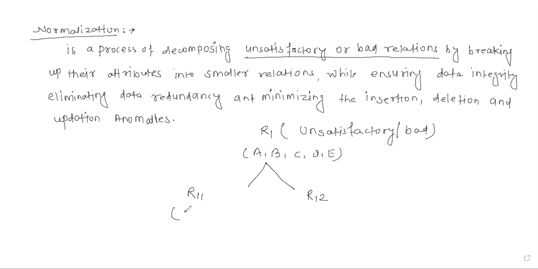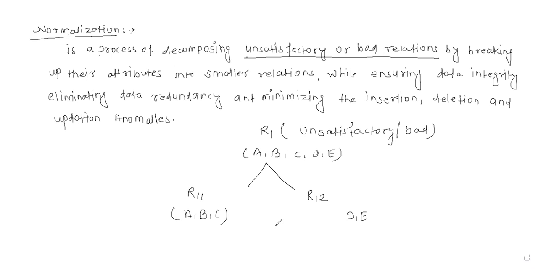In R1, for example, you have the attributes A, B, C. Then what is left? DE is left. So you will write that in another table. But how can you combine these two tables? You should have at least one attribute common, so that when you merge R11 and R12 again, you get the actual R1. Otherwise it will not be possible, because if the two tables are not combined, you cannot form one table.